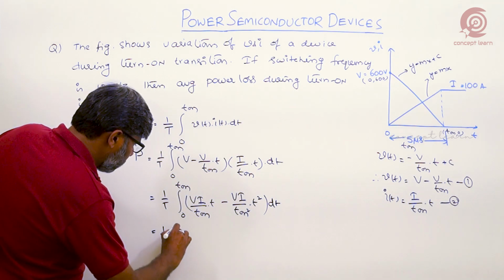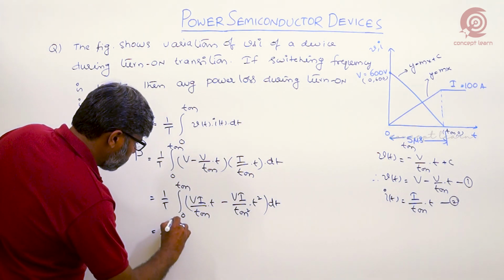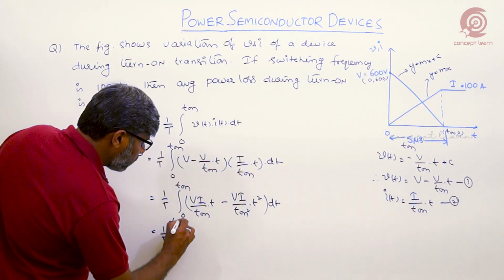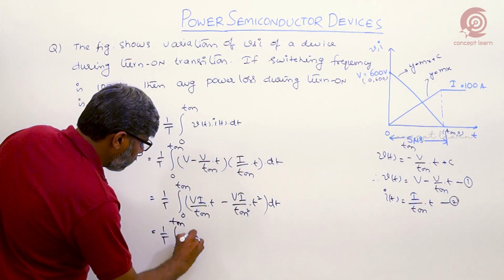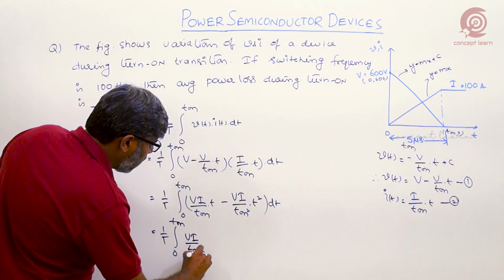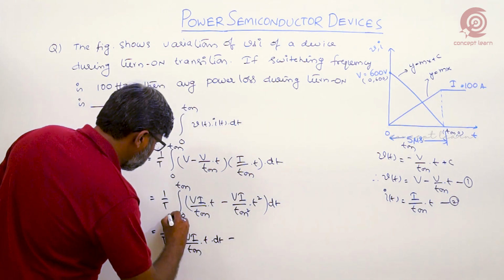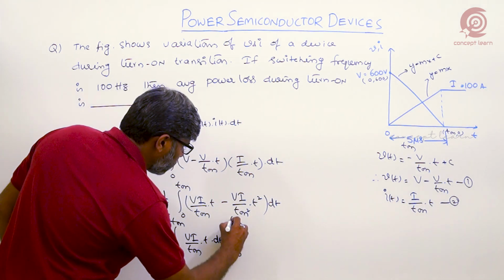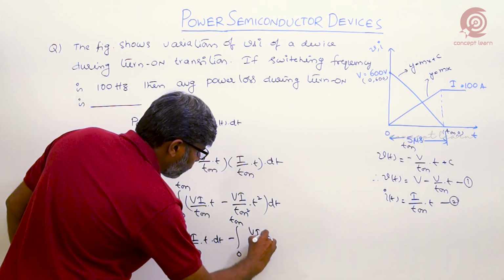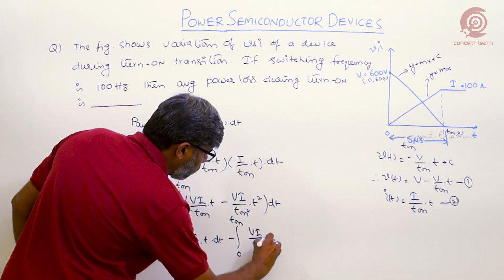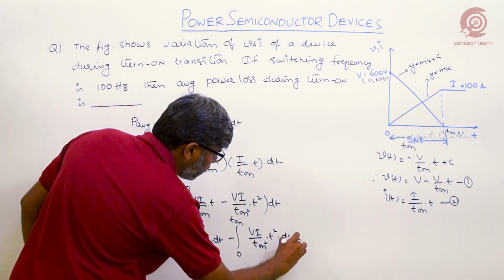That is, 1 by T times the integral of Vi by T on into T dt, minus the integral from 0 to T on of Vi by T on square into T square dt.